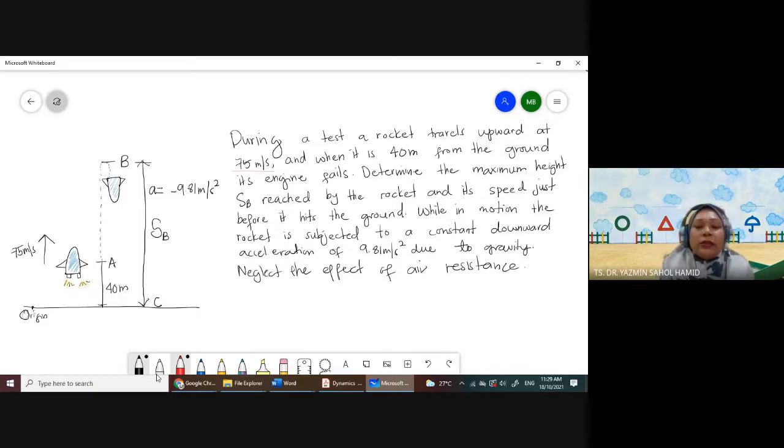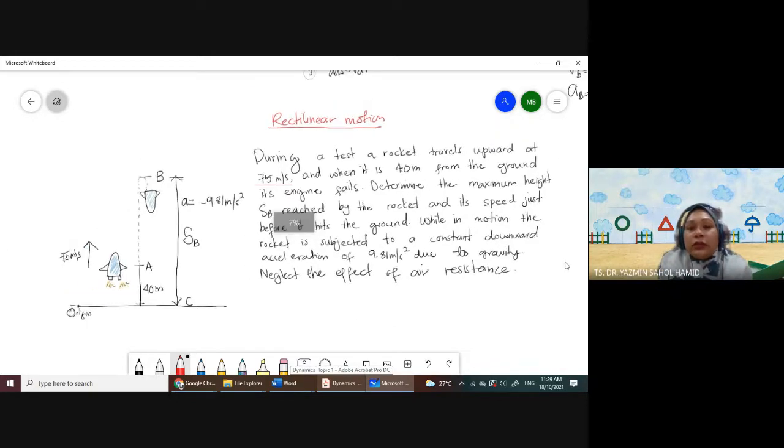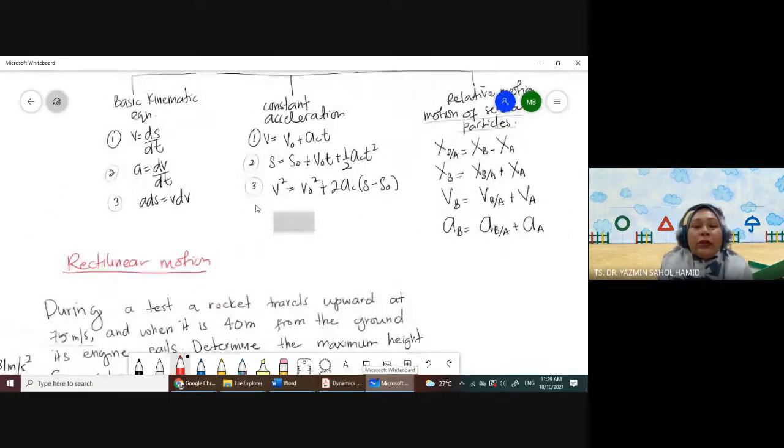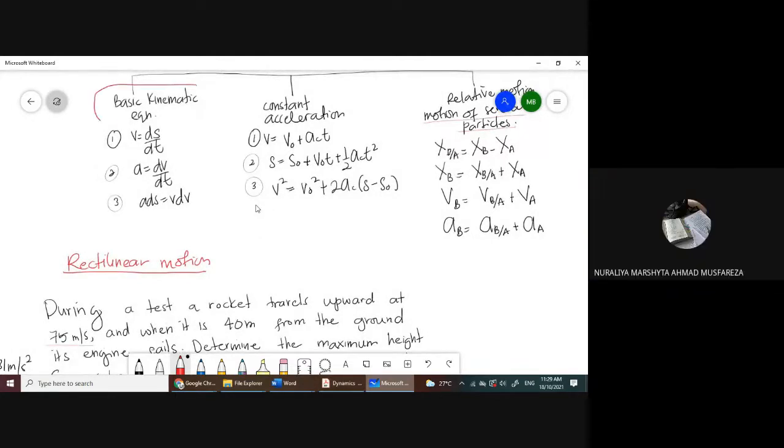When you see this question, number one, it's a rectilinear motion because it's moving in a straight line. And for this question, which method do you want to use? The basic kinematic equation or the one with constant acceleration? Constant acceleration.